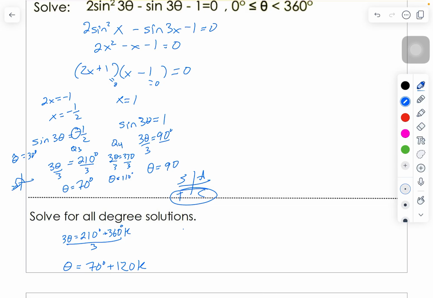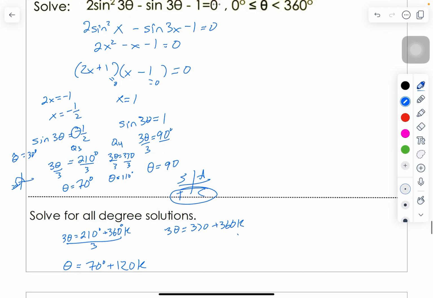Okay, so then I'll take 3 theta is equal to 330 plus 360. Divide them all by 3, and we get theta is equal to 110 plus 120. And then I could do the same thing for that 90.